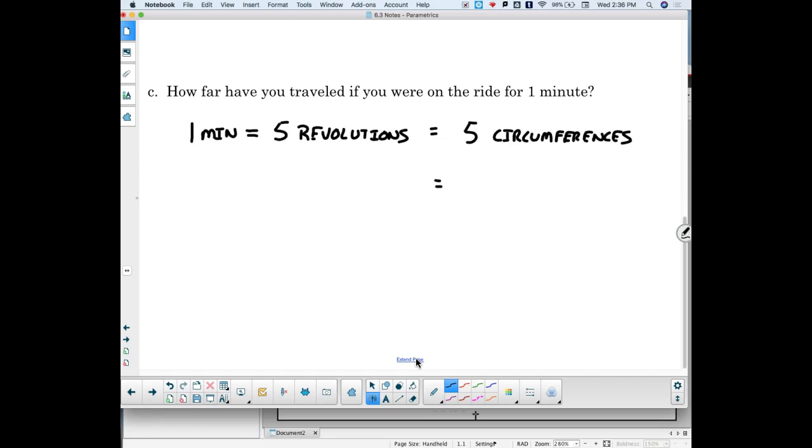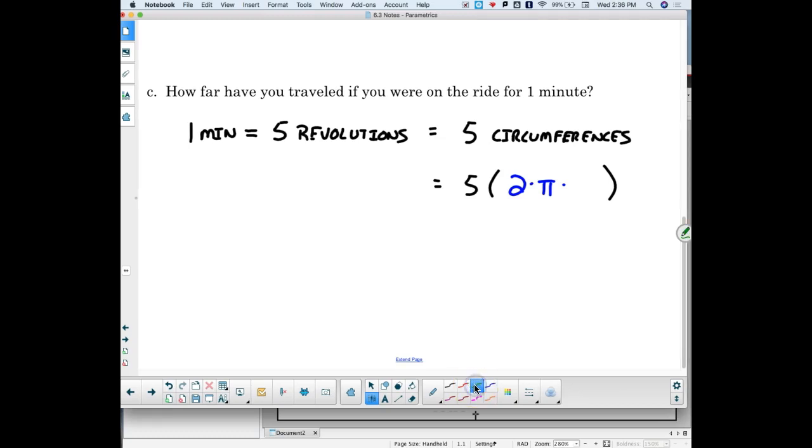What is the formula for the circumference of a circle? 2 pi r. So this is 2 times pi times the radius. What's the radius? 60. 5 times 2 times pi times 60 is 600 pi.